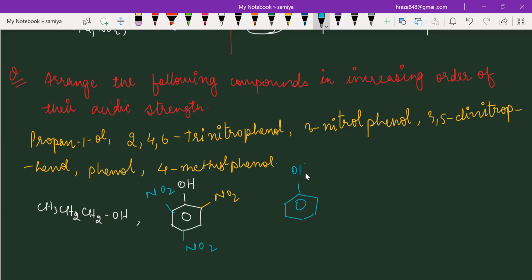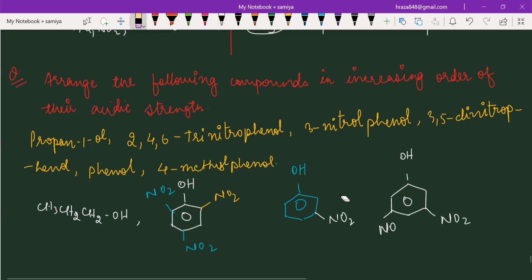With respect to H, you can see 3-nitrophenol, that means NO2 is here. Now 3,5-dinitro, I'm going to show you. This is OH, and this is NO2, third carbon, and this is fourth carbon. Wait a minute, 1, 2, 3, 4, 5. Fifth carbon.